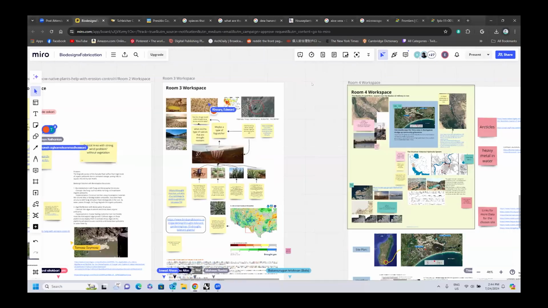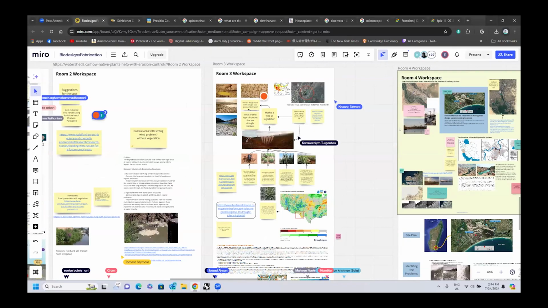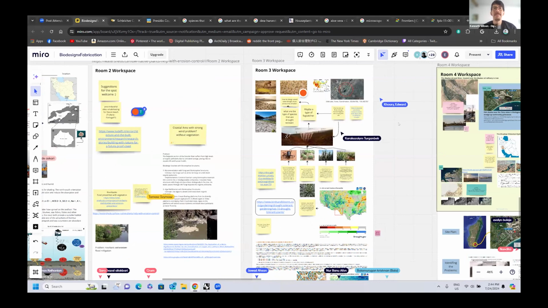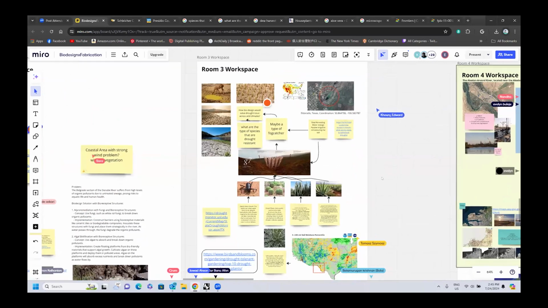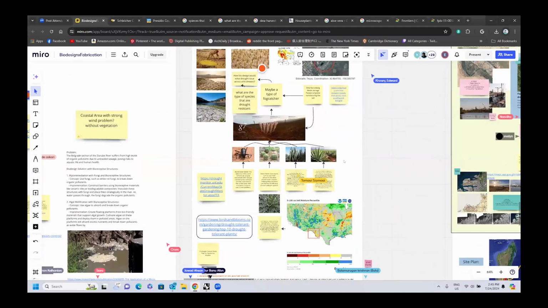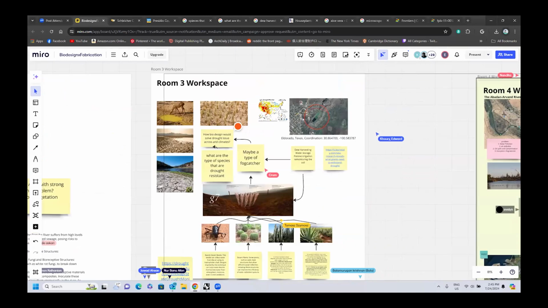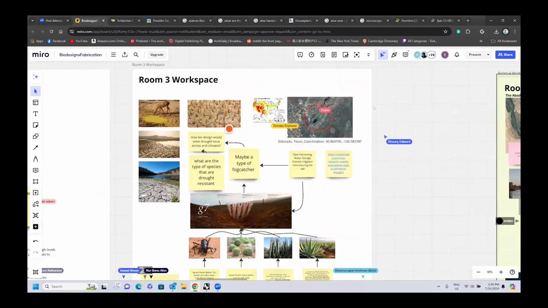So let me share my screen. We are team three. We approached it a little differently. We are not dealing with water, but we are trying to deal with the leakage of water. We looked at the drought areas in the US, and we found it's more condition specific instead of site specific. For the drought issues, we are trying to see how biodesign can mitigate the problem in this specific kind of climate.